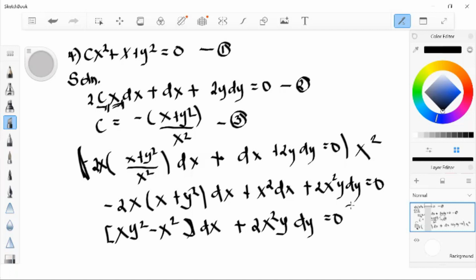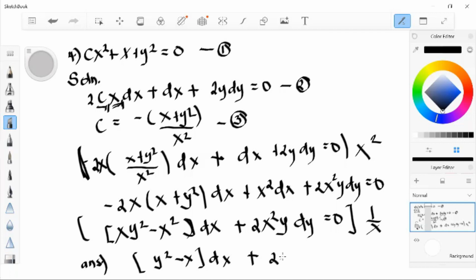And again, to simplify further, we divide both sides by x squared. Therefore, the final answer would be y squared minus x dx plus 2xy dy is equal to 0. That is the final answer.